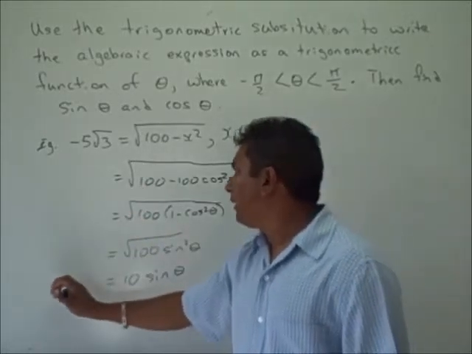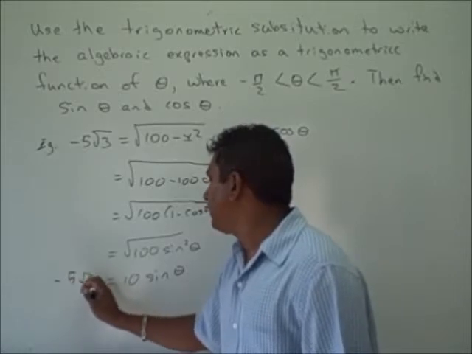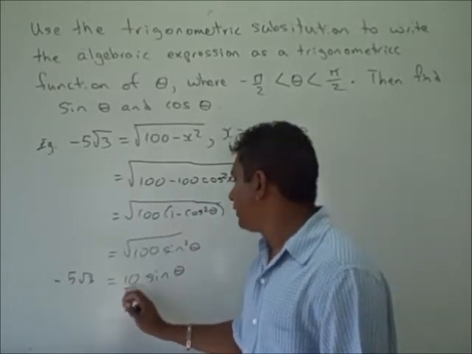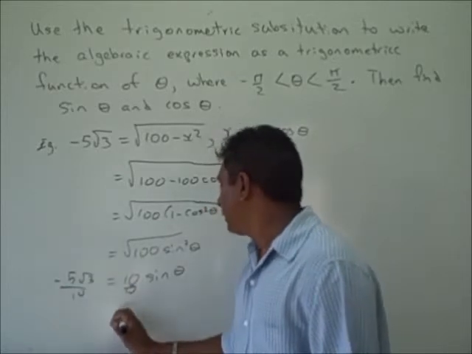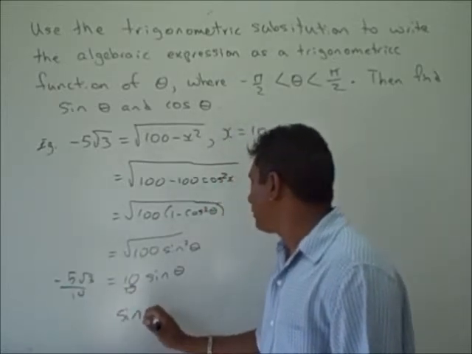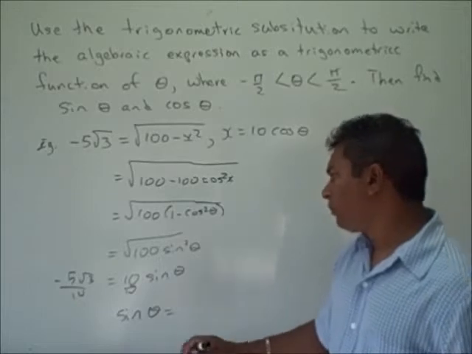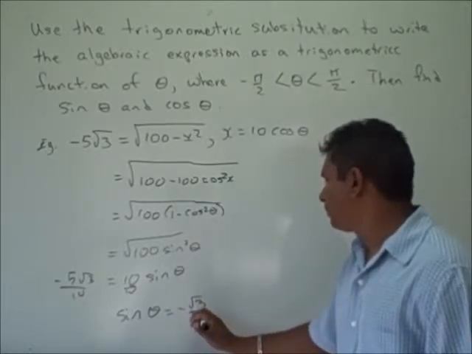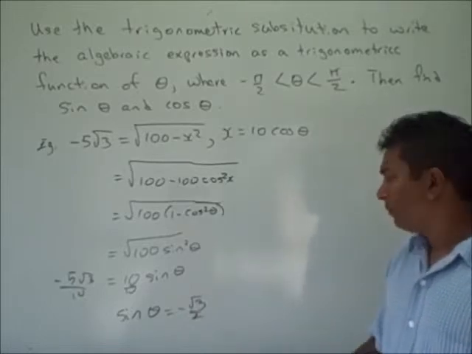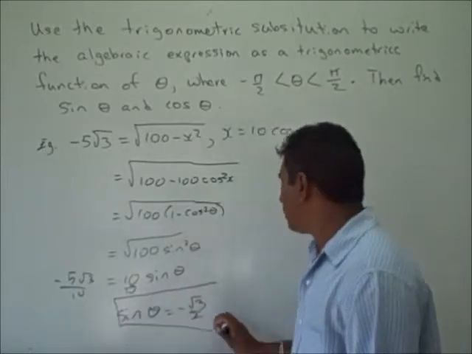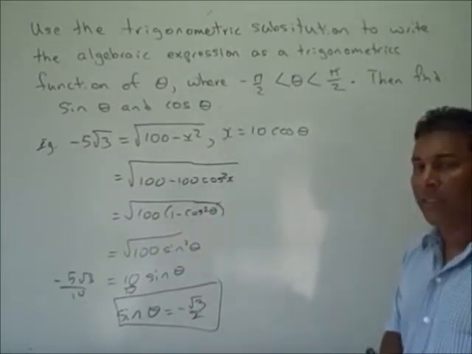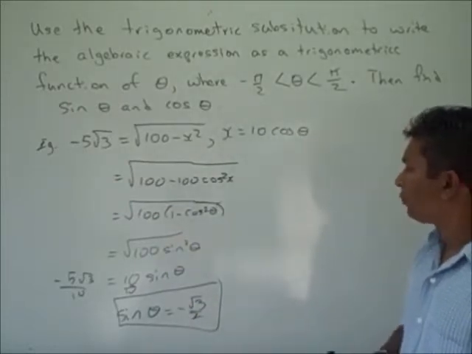So we know that negative 5 square root of 3 is equal to 10 sine theta. Divided by 10, we get sine theta is equal to negative square root of 3 over 2. So here is our required sine theta, which is negative square root of 3 over 2.